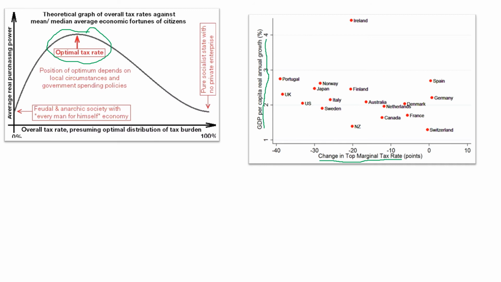And what you can see, if we look at a rough line of best fit here, is that as we cut top rates of tax, this analysis would suggest that we get slightly higher rates of economic growth. When we increase tax or we don't cut taxes, then we tend to get slightly lower rates of economic growth.